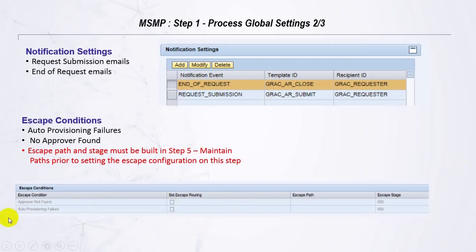Like this, any configuration issues we will identify and take appropriate actions within the time based on the auto provisioning failure. So mainly 2 things, that is what we covered in the escape conditions and route to security team.